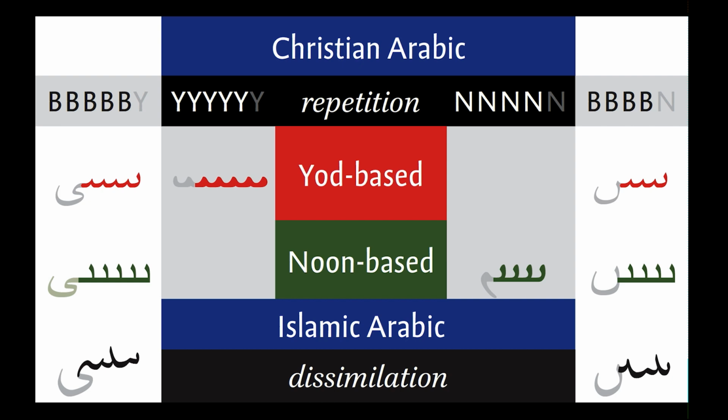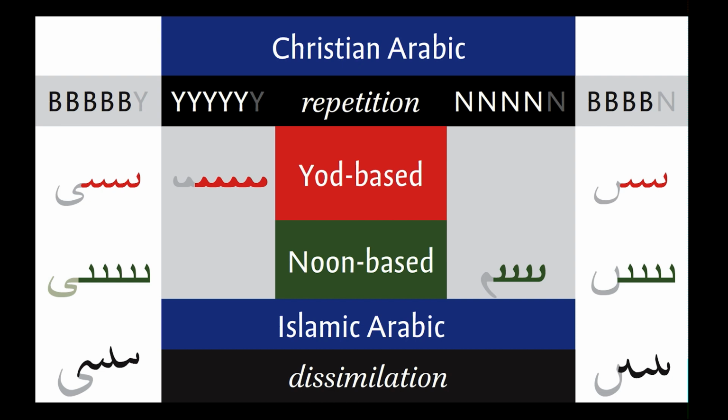So you will never run into the problem of dealing with a sequence of 3, 4, 5, 6 repetitions of exactly the same shape, which would be the case in Arabic if you use these shapes to write Arabic, which is exactly what is happening on the left and the right side in the noon and yod derived Arabic, whereas the bottom line shows the original Islamic structure, where there are strategies or grammatically formed constructions to dissimulate these in order to maintain legibility. And I call it Christian Arabic also to provoke research.